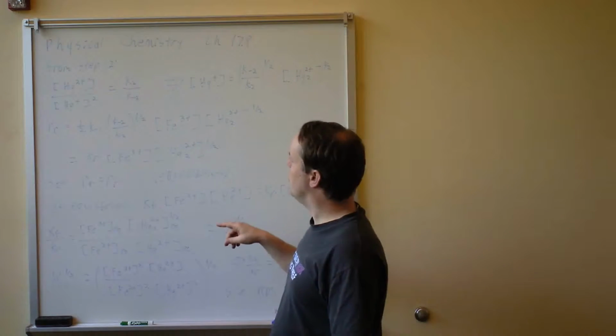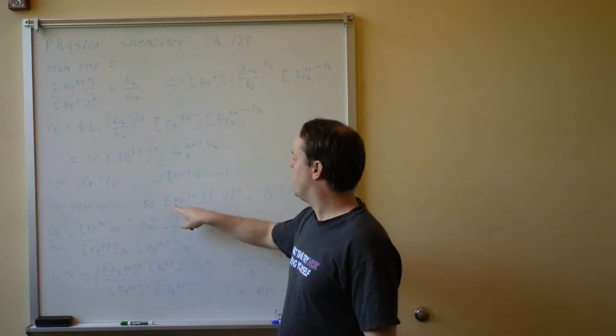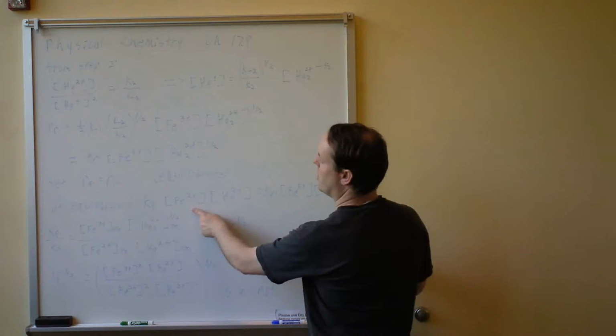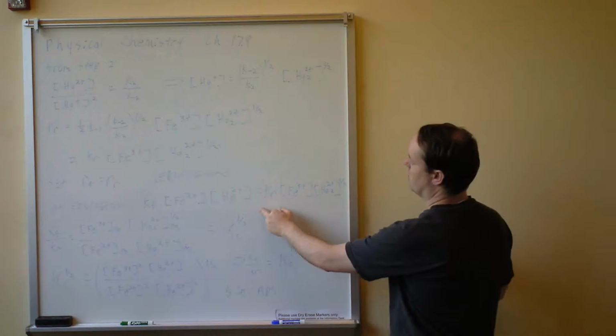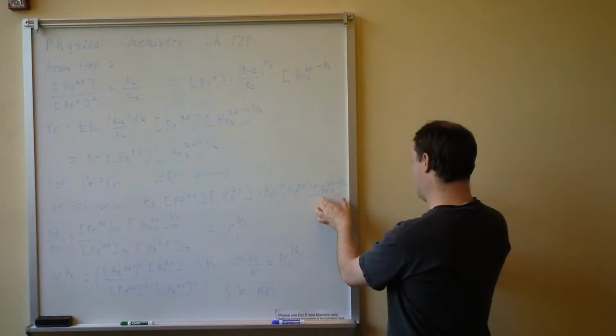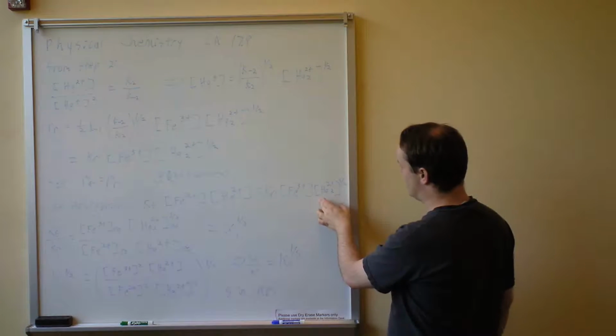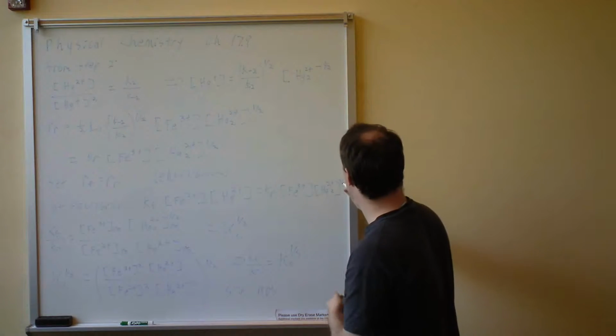So setting those two equal to each other, we have the rate constant for the forward reaction times the concentration of Fe2+ times the concentration of Hg2+ is equal to the reverse rate constant times the concentration of Fe3+ times the concentration of Hg2 2+, to the 1/2 power, square root.